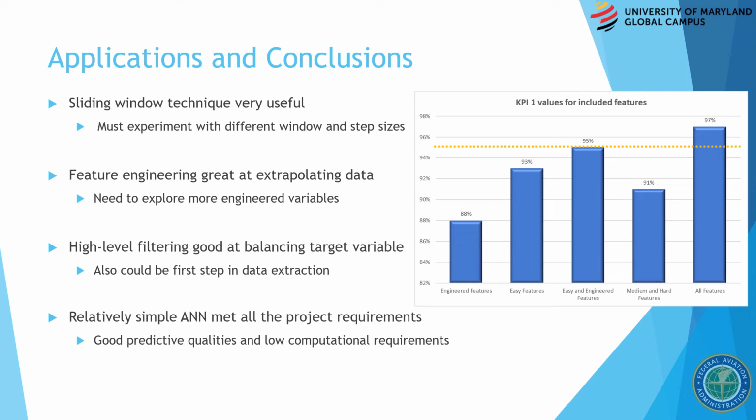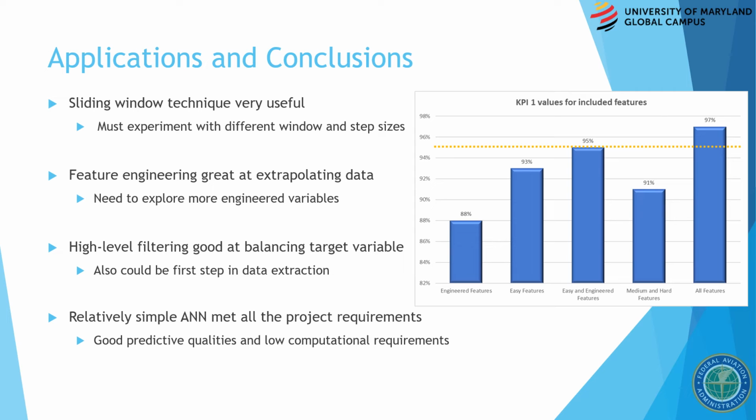Okay, so what are the key applications and conclusions of this work? The sliding window technique is very useful. It can basically extract a lot of information and be able to condense that. So you can use some pretty easy algorithms to be able to extract stuff, and it does it fairly quickly, which is great.